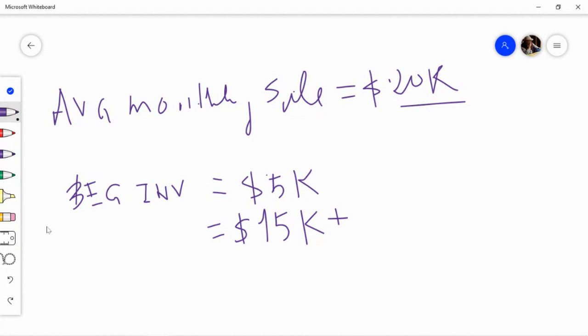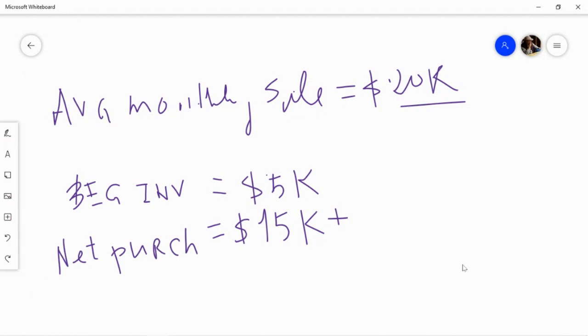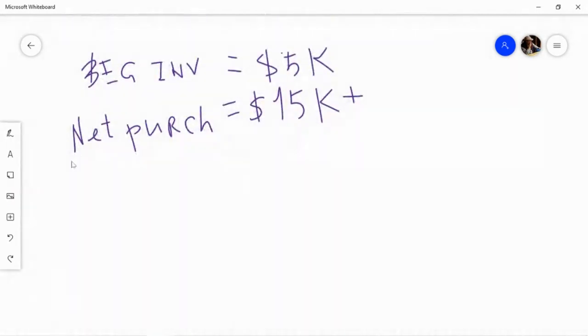That's called, what did I say? It's called net purchase. Net purchase, right?